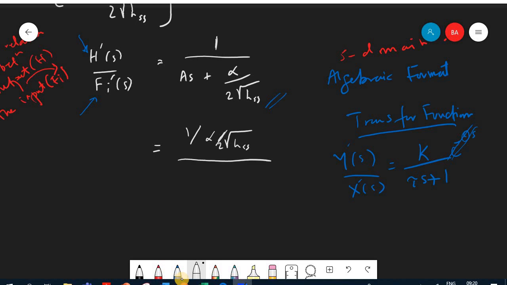And if I divide this area over alpha over 2 height at steady state, and of course I will not forget s plus 1.